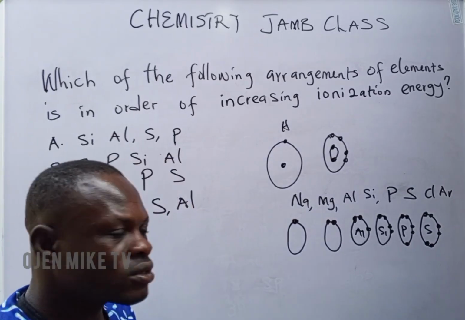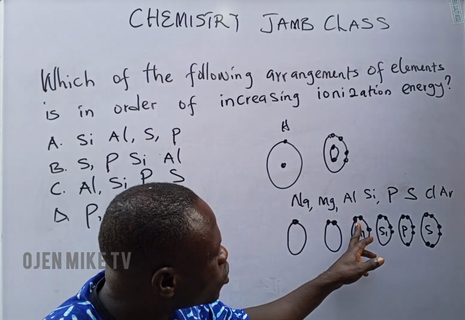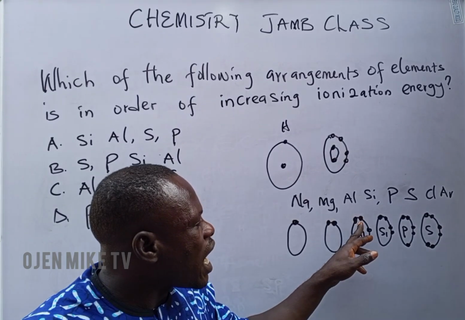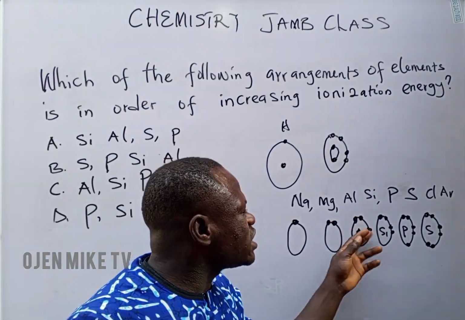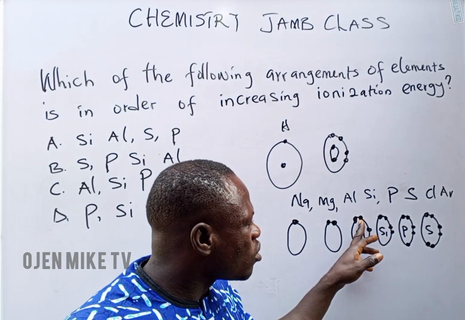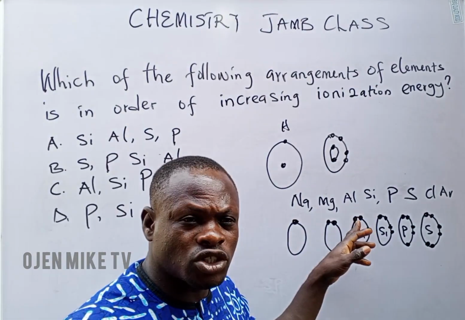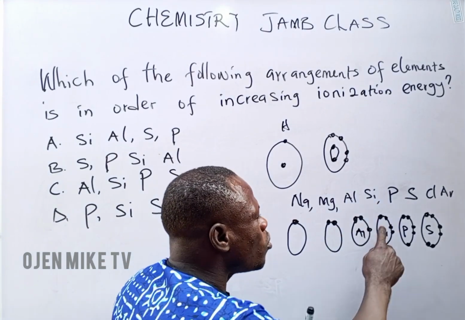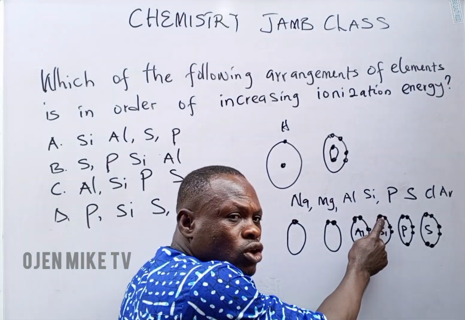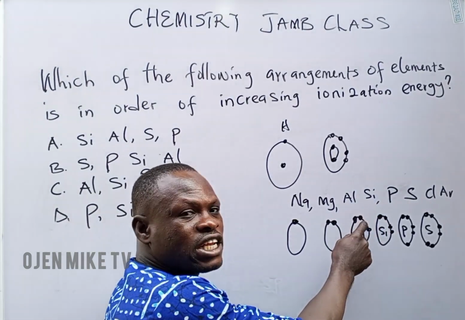Sulfur. Now the more electrons are added, remember, the energy required to remove an electron from aluminum will be lesser than that of silicon, because there are more electrons in the silicon atom than in aluminum.